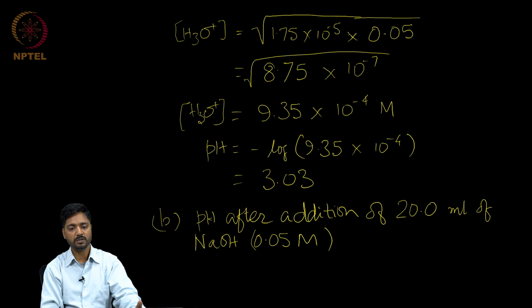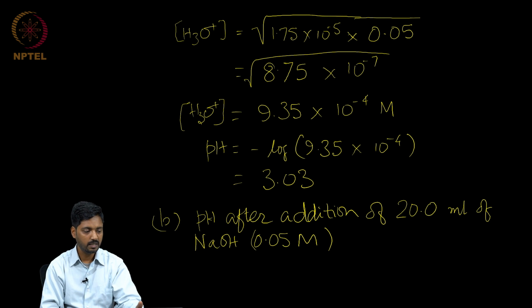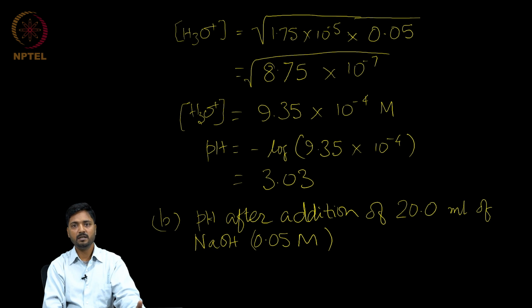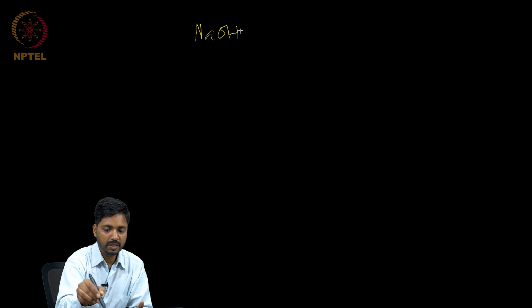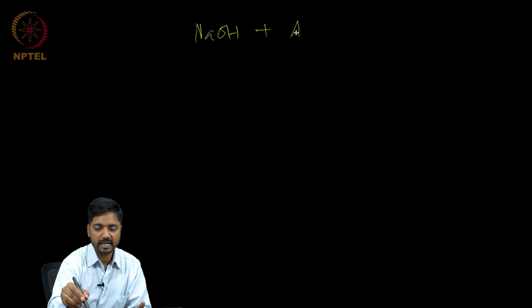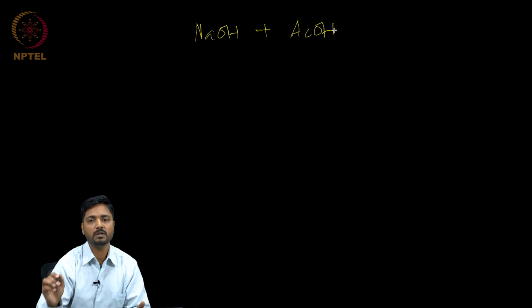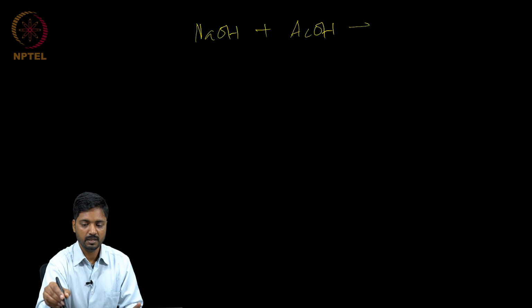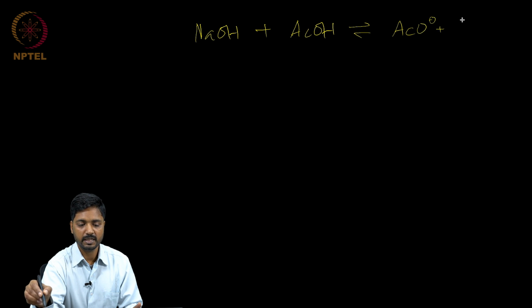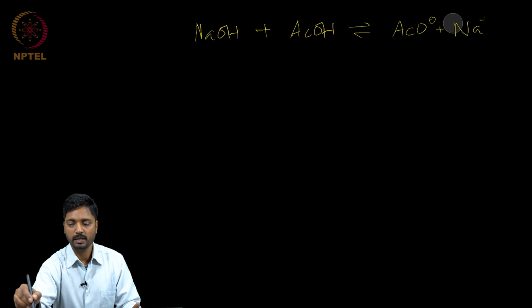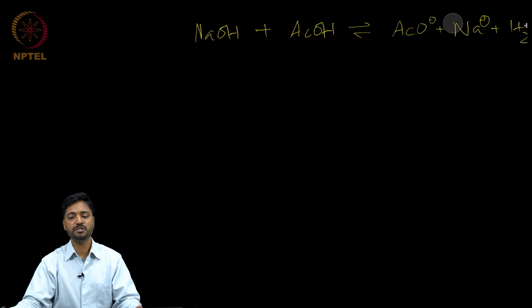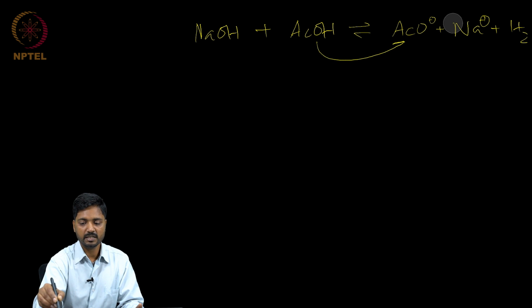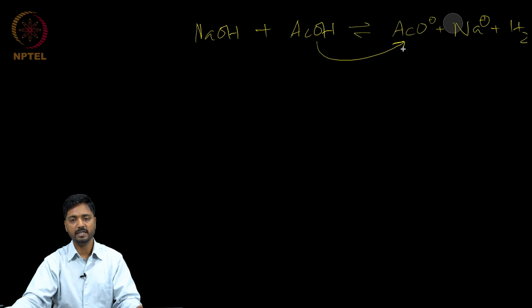What we need to consider is that sodium hydroxide, being a strong base, will react in a stoichiometric amount with the acetic acid and convert it into acetate anion, sodium ions and water. Sodium hydroxide addition will convert acetic acid into acetate anions.